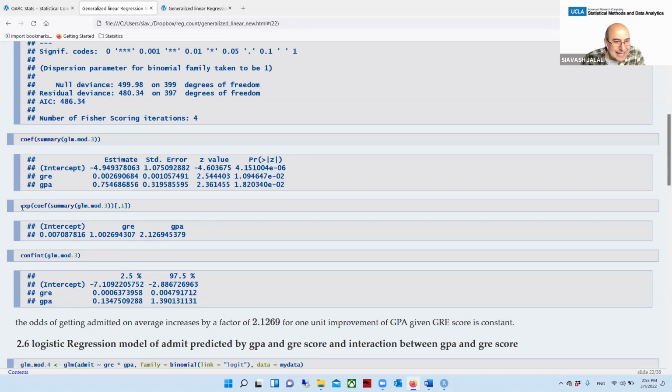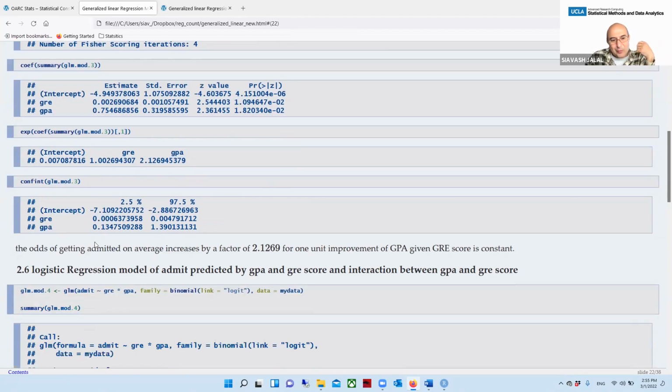And then I can get the expected value of all those coefficients, GRE and GPA. Now the way we interpret this model is a little different. We can say the odds of getting admitted on average increase by a factor of 2.12 or 2.13 for one unit improvement of GPA, given the GRE score is constant.